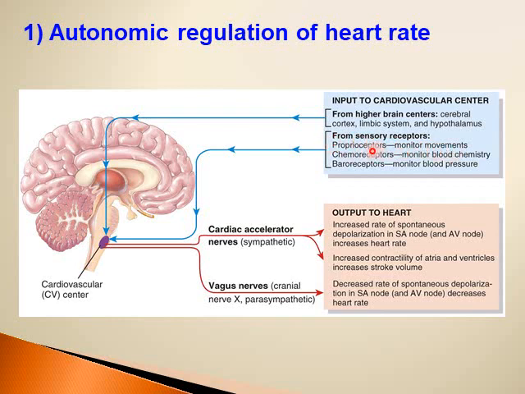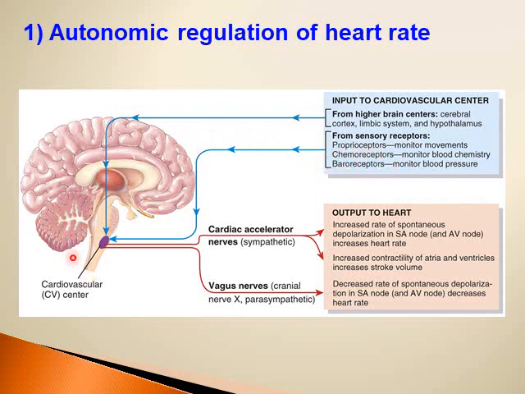These are mechanoreceptors in joints and muscles, chemoreceptors that monitor blood chemistry, either peripheral or central, and the baroreceptors that monitor the blood pressure. We'll study baroreceptors in the lecture of regulation of blood pressure.